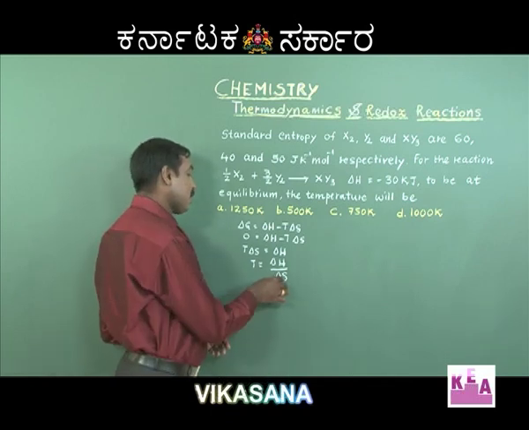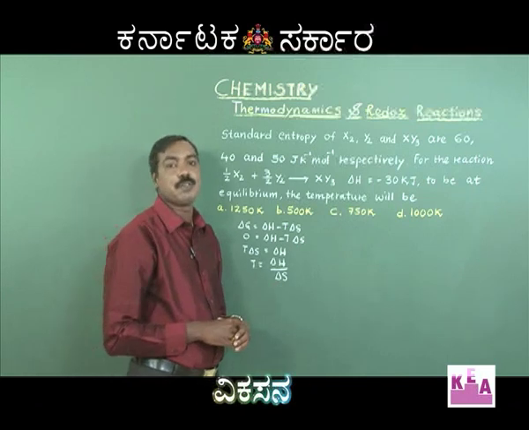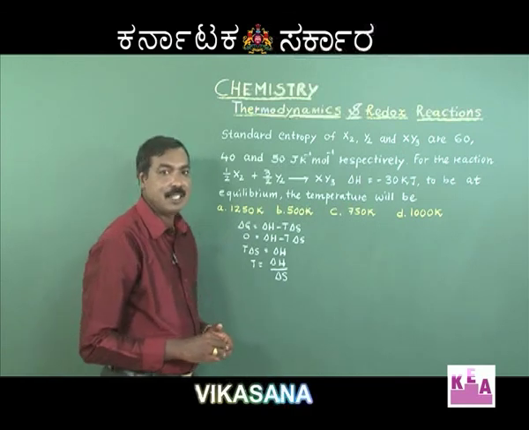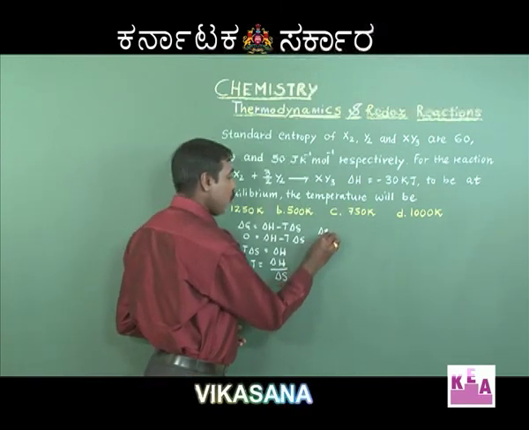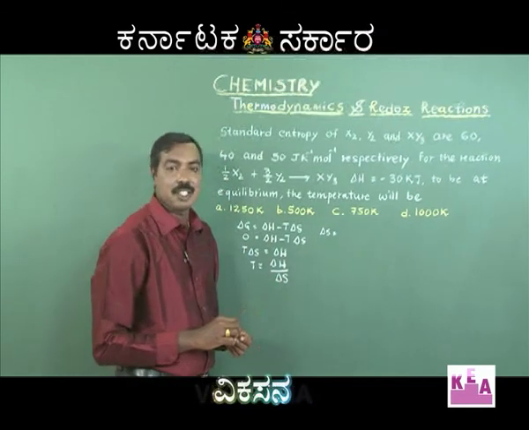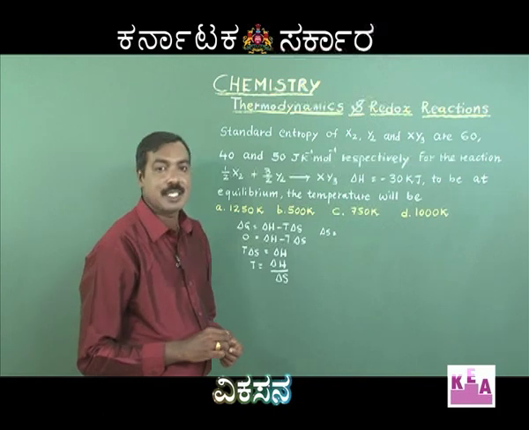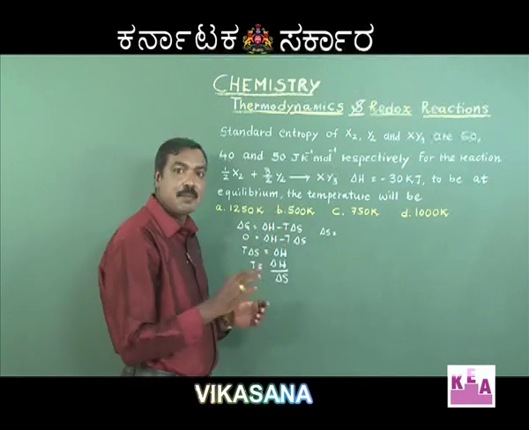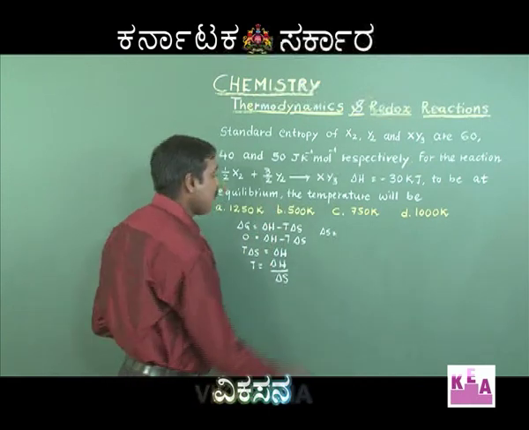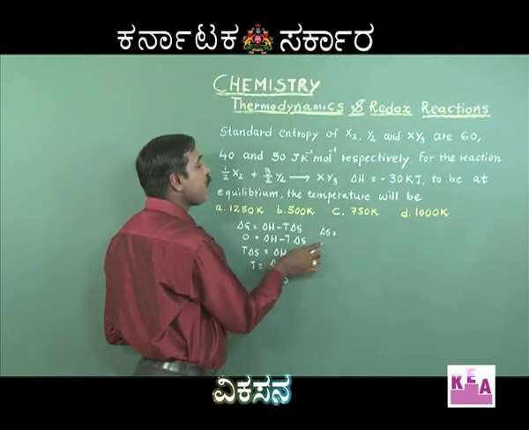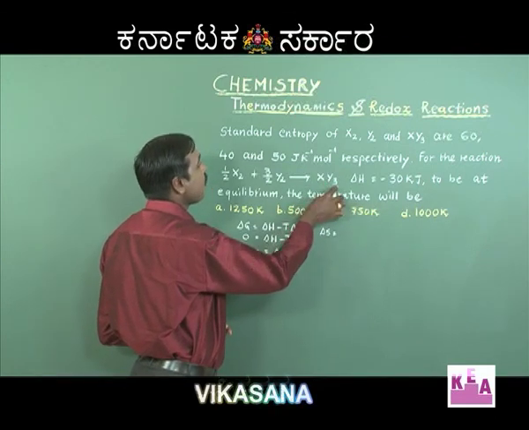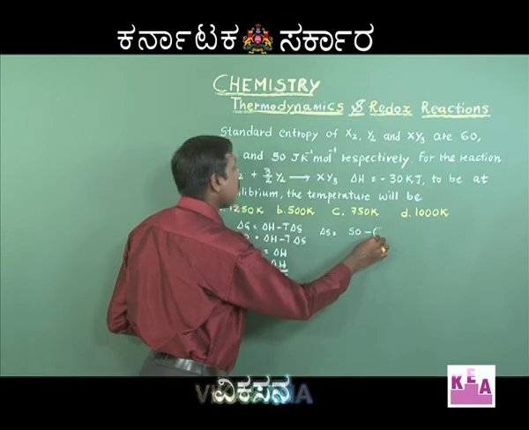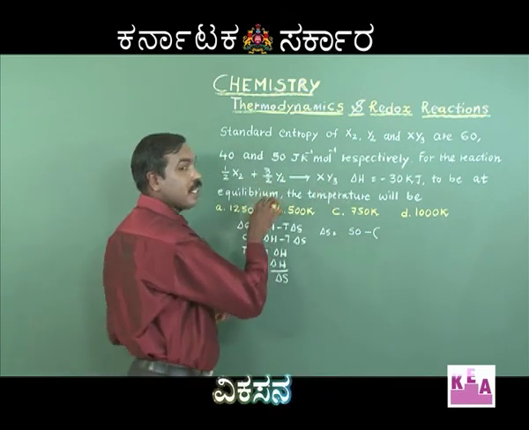Now I have to get the substitution for delta S. Delta S is calculated using the relation, summation of the entropies of the products minus that of the reactants. For the product XY3, it is given as 50, minus the summation of entropies of the reactants.